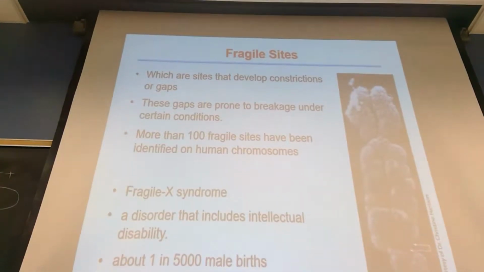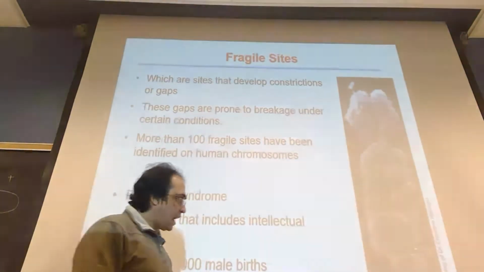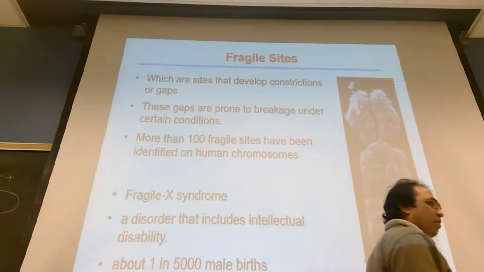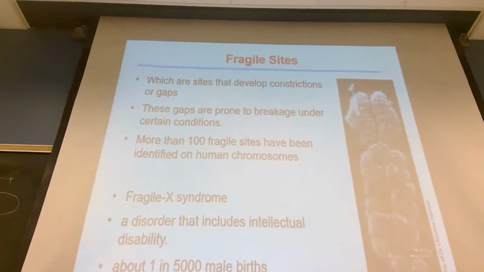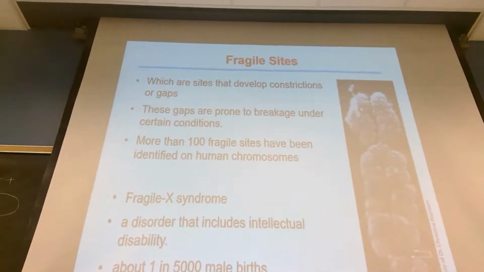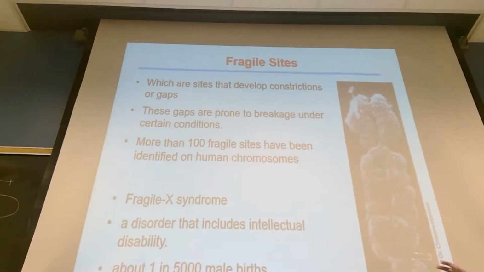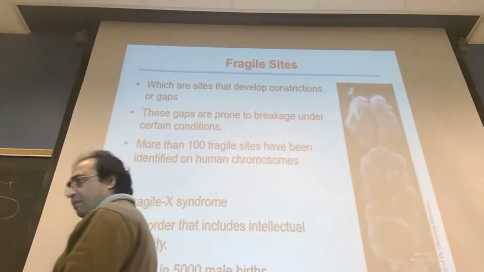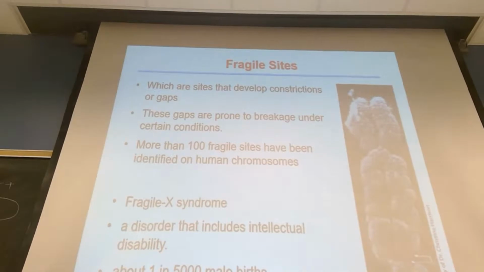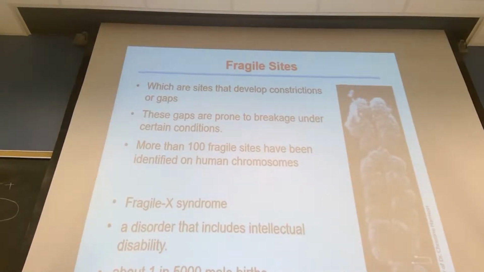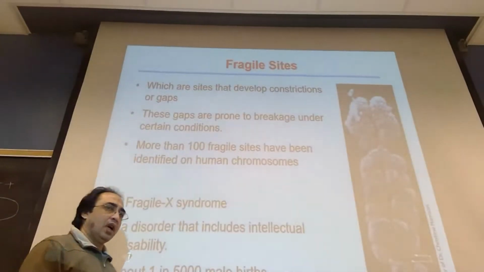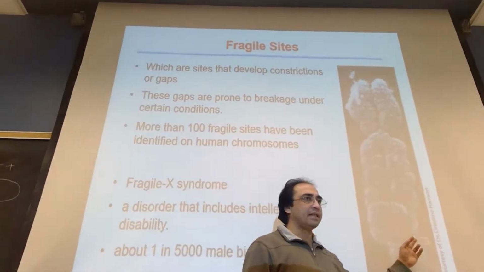Now we have another thing which is called fragile site. Fragile site means there are some parts in our chromosome which are very, very fragile. And if there are some kind of gaps, they can break very easily. In our X chromosome, we have this kind of fragile sites, and sometimes this can break.